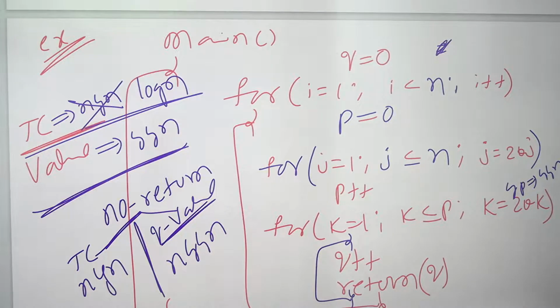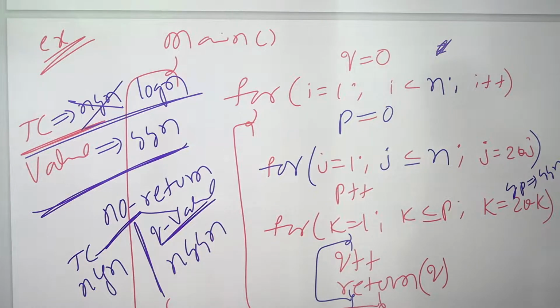Let me give the answer. For this modified program, if you observe clearly, I is equal to 1, you come inside, J will execute, and P value becomes log n. Next, K value is 1 only.